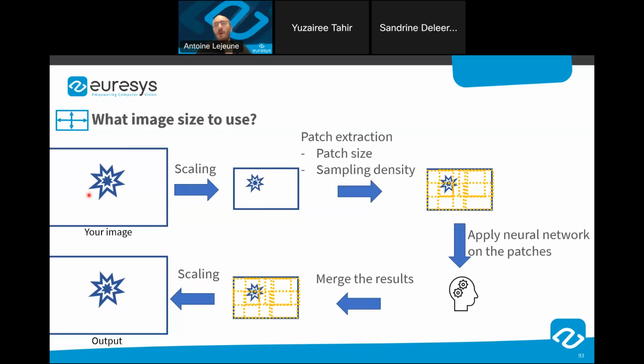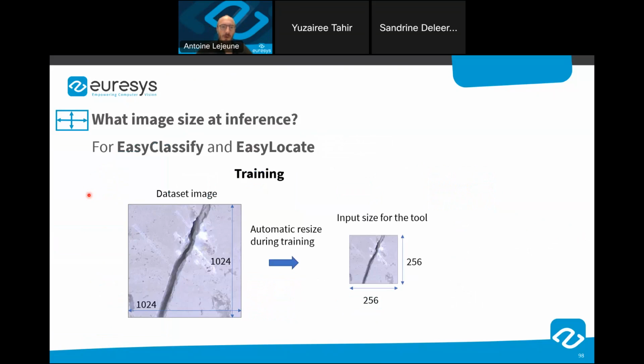So now what about the image size at inference time on your production line? We'll go back to EasyClassify and EasyLocate. For example, if you perform your training with 1000 by 1000 images, but you have configured your EasyClassify tool to be, for example, 256 by 256 pixels, then during training, as I said, there will be an automatic resize of your big images.